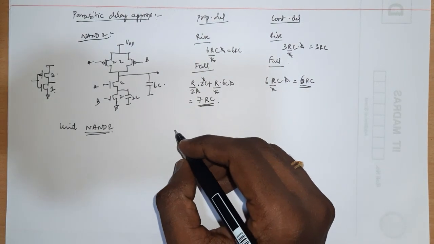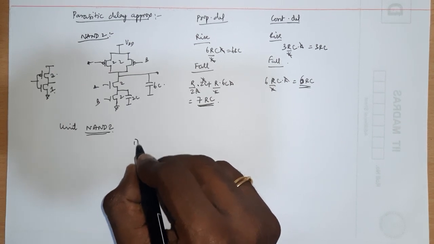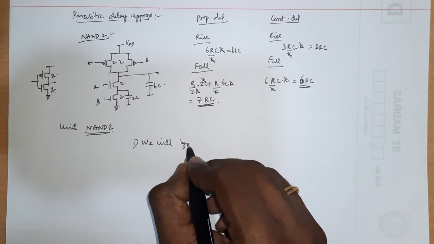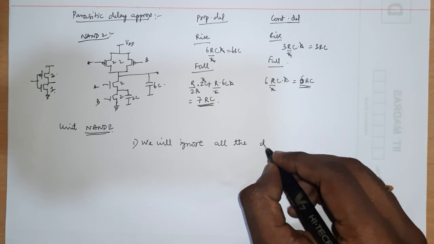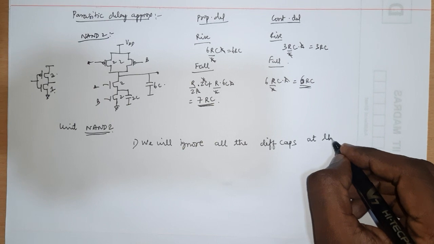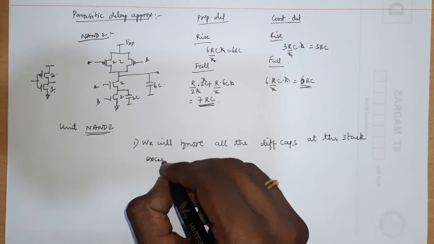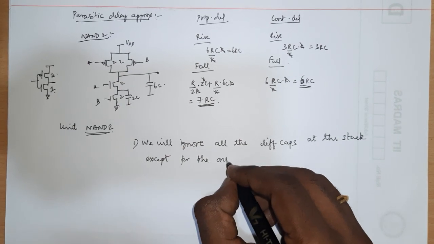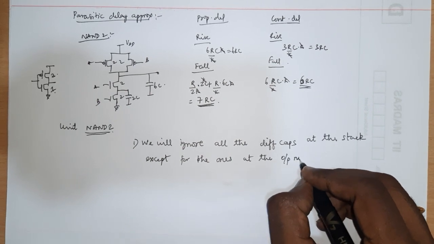So for that purpose we will make an approximation that we will ignore all the diffusion caps at the stack, except for the ones at the output node.